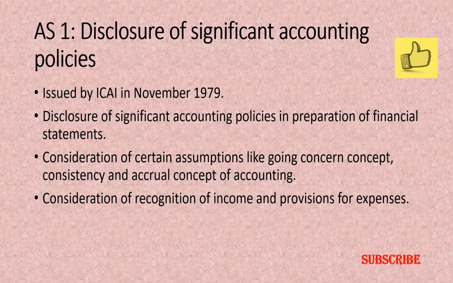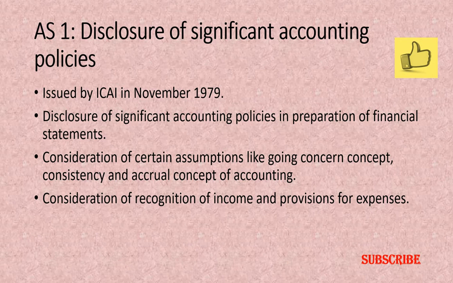This standard deals with the disclosure of significant accounting policies which have been followed in preparing the financial statements. The standard concentrates on the fundamental assumptions like going concern concept, consistency, and accrual concept of accounting.